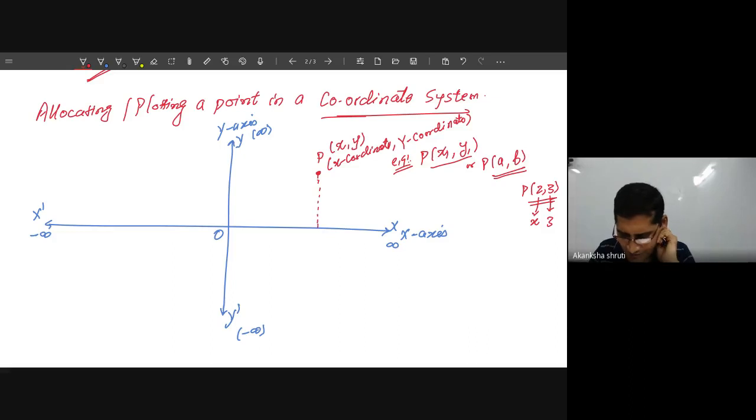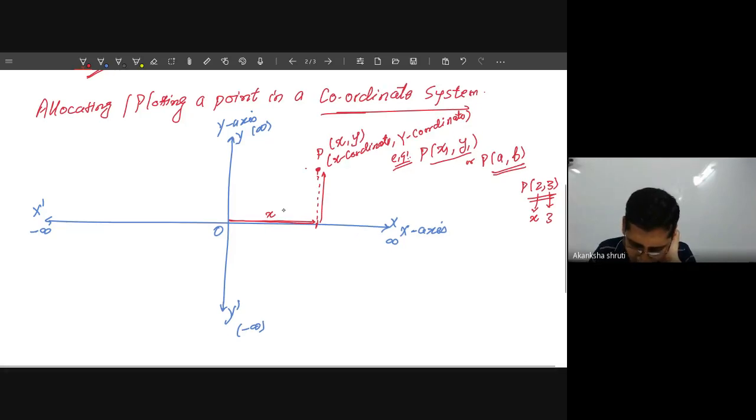I am writing the general representation rather than drawing the scale. So this is any value of x. First I have to move along this x, and whatever the value, the scale will be written below it. Then you have to move vertically upward. How much have you moved upward?